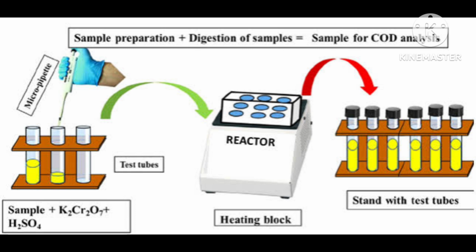Then I have told you about the chemical oxygen demand, C.O.D. It is the amount of oxygen consumed in the chemical oxidation of organic and inorganic waste present in 1 liter of wastewater.